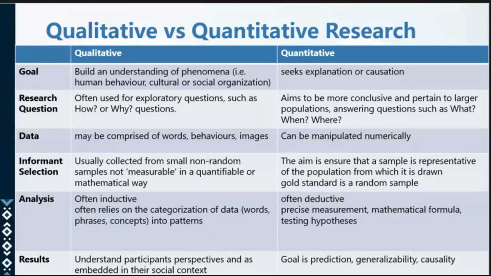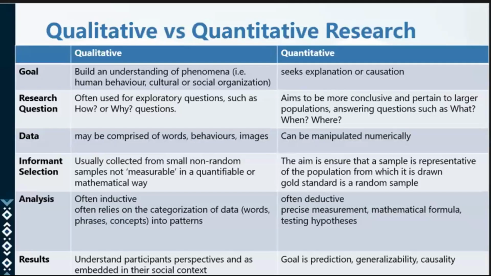With regards to the data, qualitative research may be comprised of words, behaviors, and images, while quantitative research can be manipulated numerically. We always have values when we talk about quantitative research.